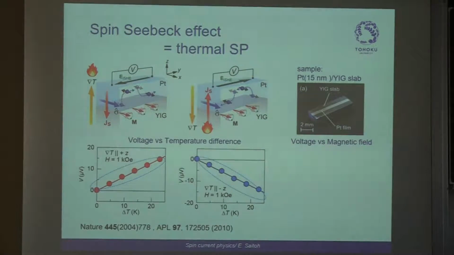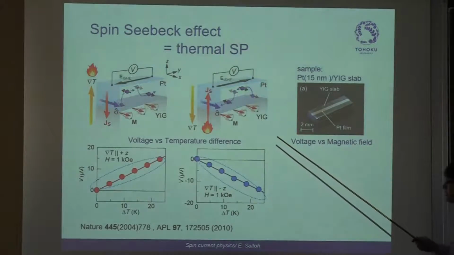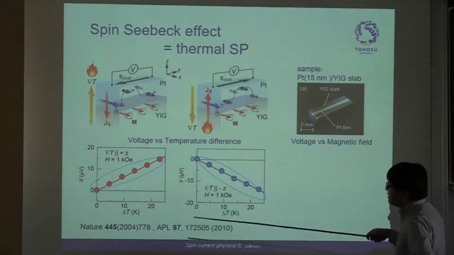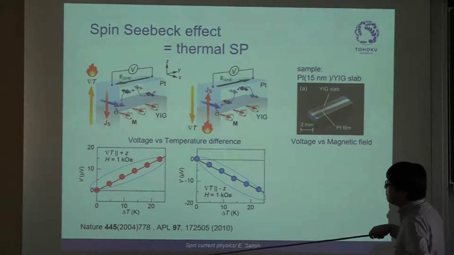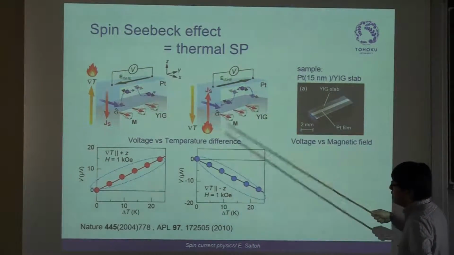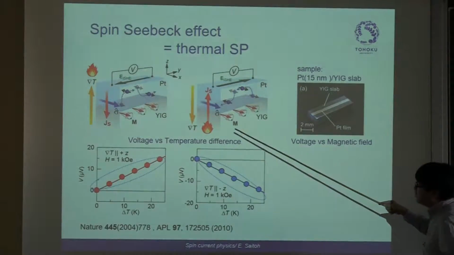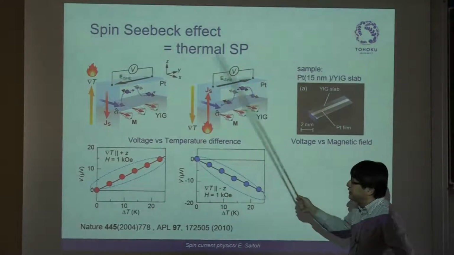Okay, so the spin Seebeck effect. The simplest understanding of the spin Seebeck effect is thermal spin pumping. When a part of the sample is heated, this heat can induce the magnetization fluctuation motion, and this magnetization fluctuation precession can inject a spin current into the conductor.